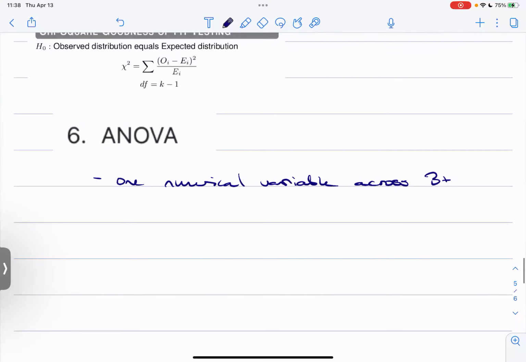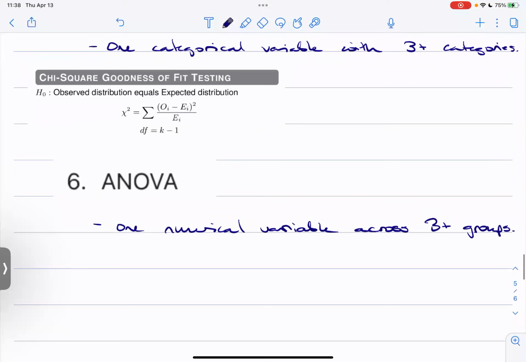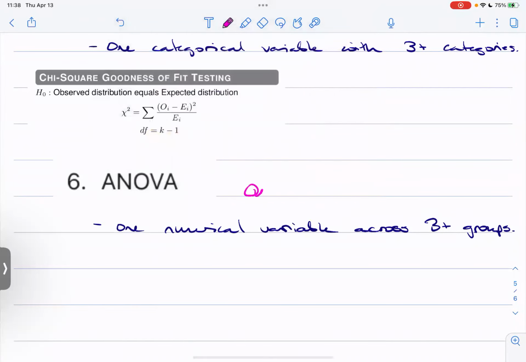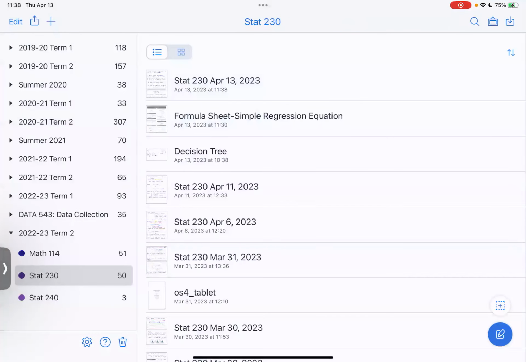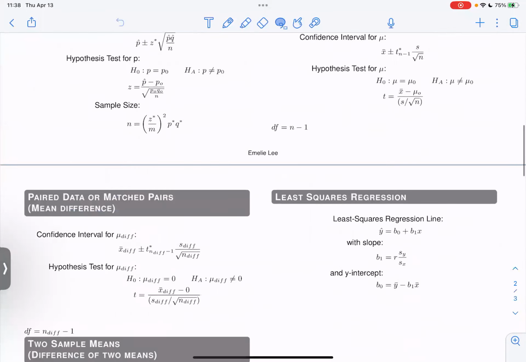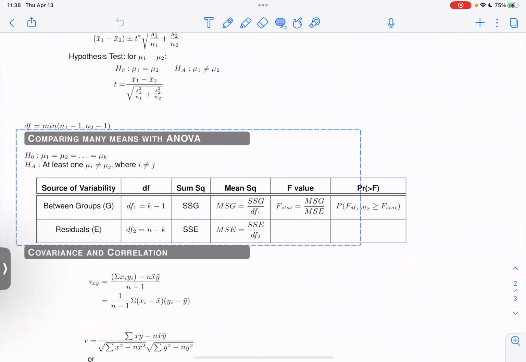So you're comparing the means across more than 2 groups, and the Anova was on quiz number 4. And from the formula sheet, it was this one.